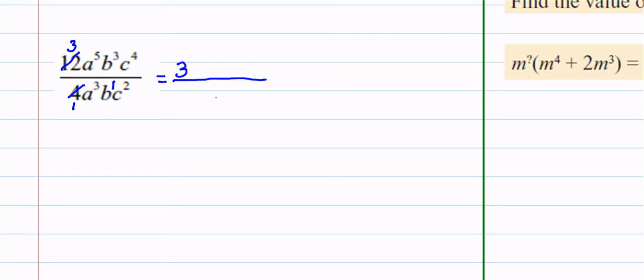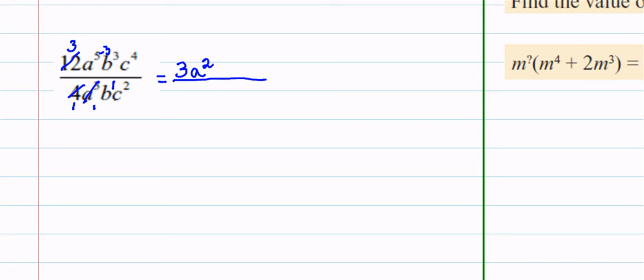Let's look at the a's. A to the fifth power over a to the third power. Remember, the smaller exponent needs to go up and be subtracted from the larger exponent. So we want this guy to come up here and be subtracted from the 5. So I'm going to end up with a in my numerator, a to the 5 minus 3, which is 2. Okay.